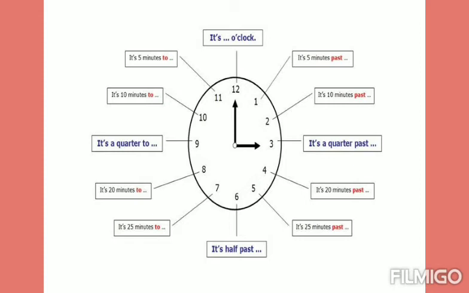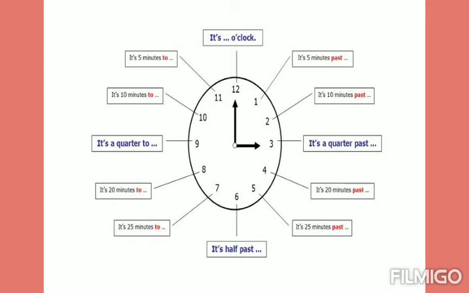Again, now you have to imagine the minute hand and the short hand both are at 3. So you have to read the time as quarter past 3, or else you can read it as 15 minutes past 3. 15 minutes past 3 is also known as quarter past 3.